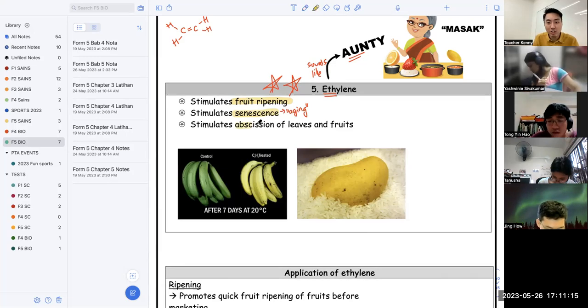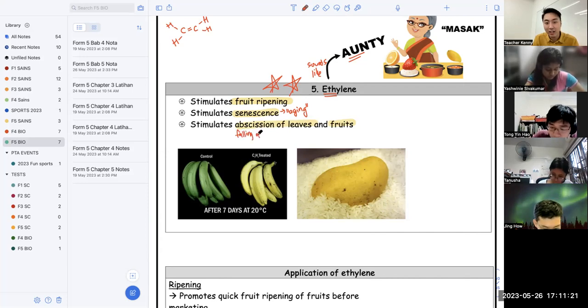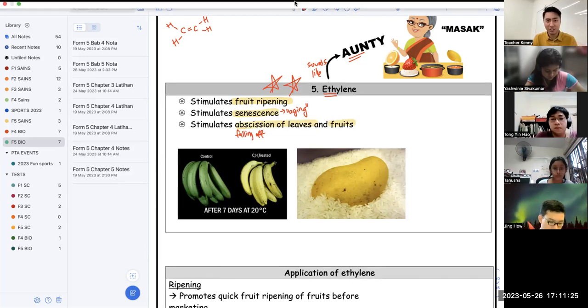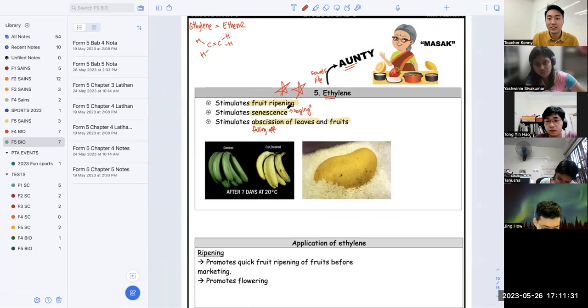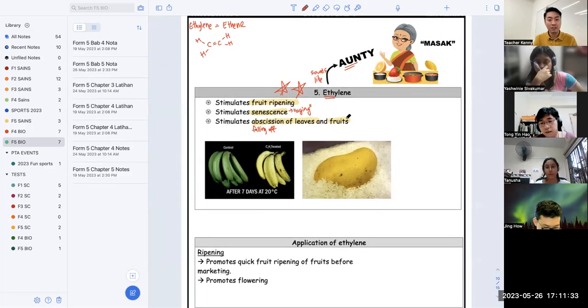Stimulates abscission of leaf. What is abscission again? Abscission is the falling off. Very good. The leaf falls off, the fruits fall off. It's like enough time on the tree really. Don't just ripen and fall.